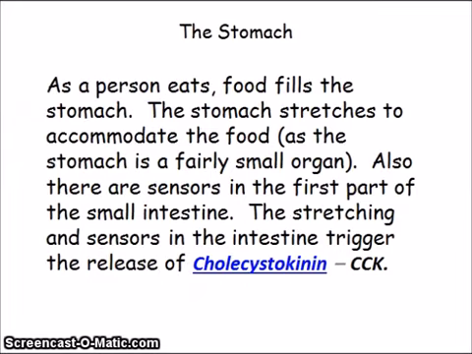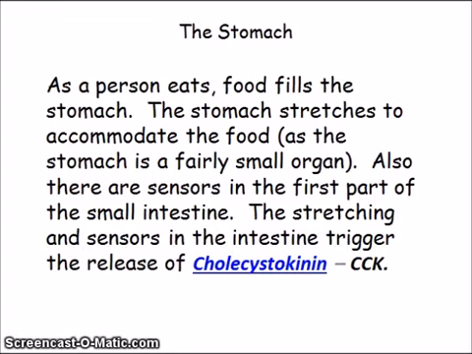So the stomach is about the size of your fist, or approximately. It's pretty small, and the amount of food that the average person eats will stretch the stomach so that it's a little larger than that fist size.